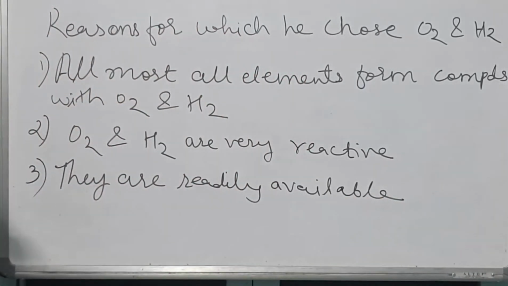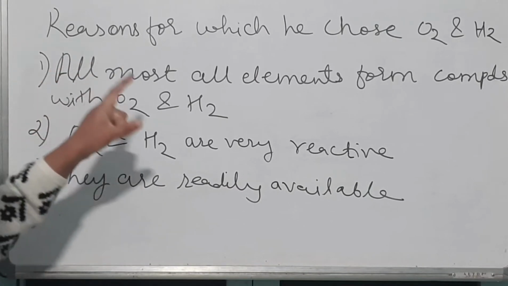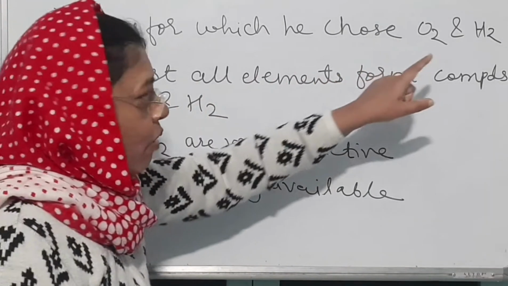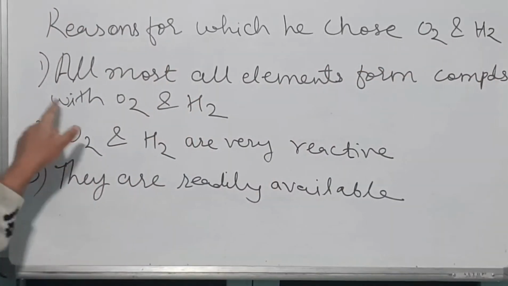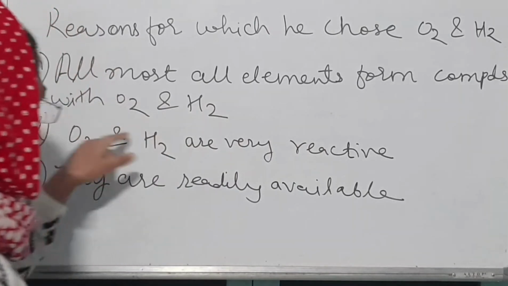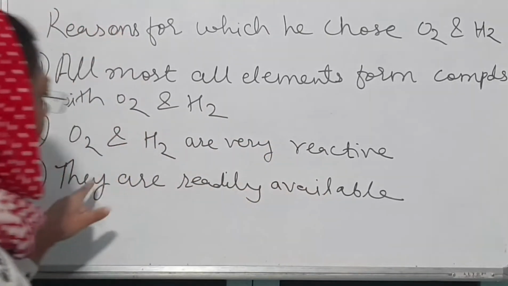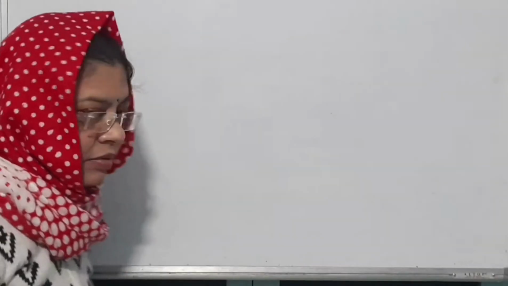So, for these three reasons, Mendeleev chose compounds formed by the elements with oxygen and hydrogen. Almost all elements form compounds with hydrogen and oxygen. Oxygen and hydrogen are very reactive and they are readily available.